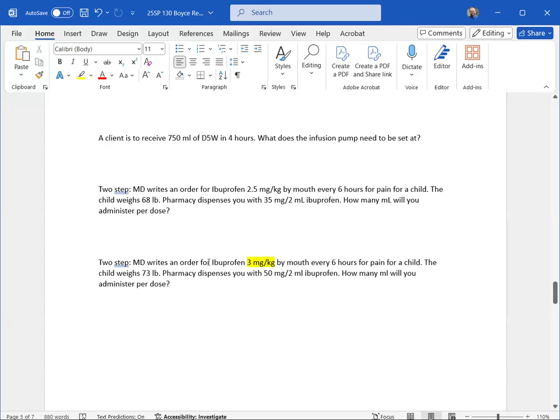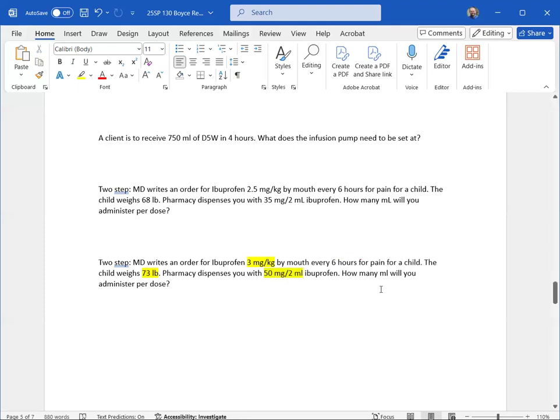Now, it says the order is for 3 milligrams per kilogram by mouth every 6 hours for pain for a child. The child weighs 73 pounds. Okay. And then it says you have an available 50 milligrams per 2 ml of the ibuprofen in question.